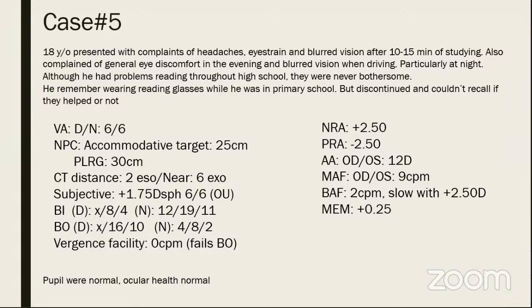So what would my approach be? The main concern is whether we should prescribe the hyperopia or not. If we prescribe the full amount of hyperopia in these cases, what would the plus lens do? The convergence insufficiency would become more manifest.